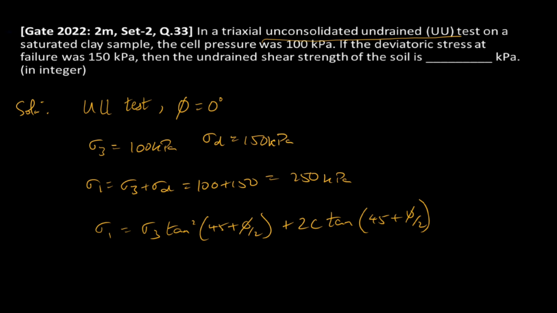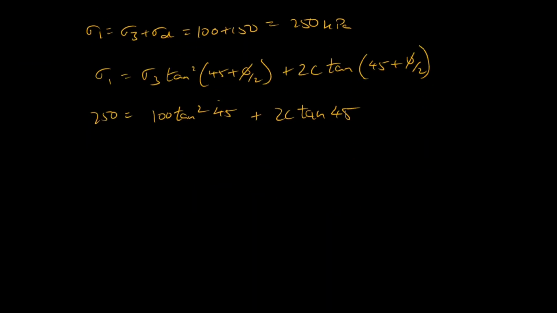Since phi equals 0, we can directly substitute here: sigma 1 is 250, sigma 3 is 100, so 250 equals 100 tan square 45 plus 2c tan 45. From this equation, we get the value of cohesion C as 75 kilopascal.